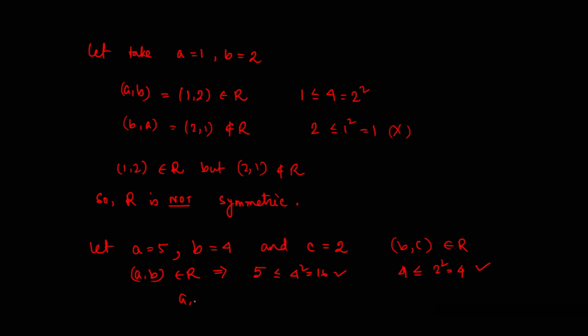But (A, C) does not belong to R, because A is 5 and C is 2, so 2 square is 4, and 5 is not less than or equal to 4. This is false. So we have a pair where (A, B) belongs to R and (B, C) belongs to R, but (A, C) does not belong to R. That implies that R is not a transitive relation.